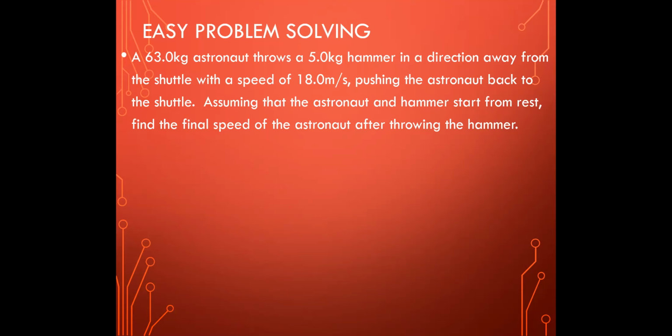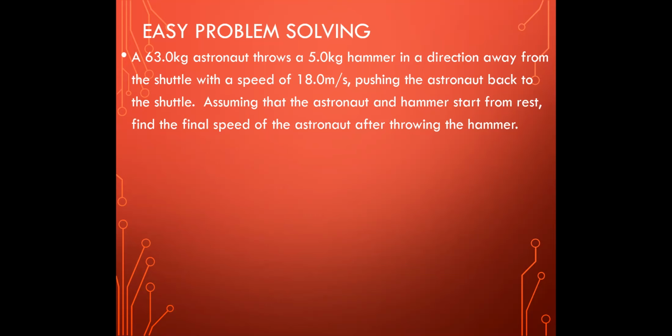This is before collision. You have the mass of the astronaut times his velocity, but he didn't move, so his velocity is 0. And the hammer is in his hand, so it has a mass, but it doesn't move, so its velocity is 0. So the momentum before collision is 0.